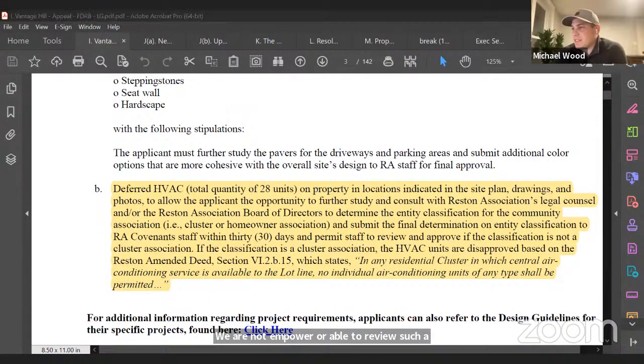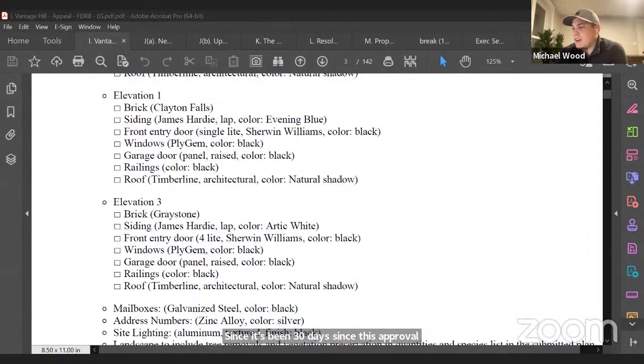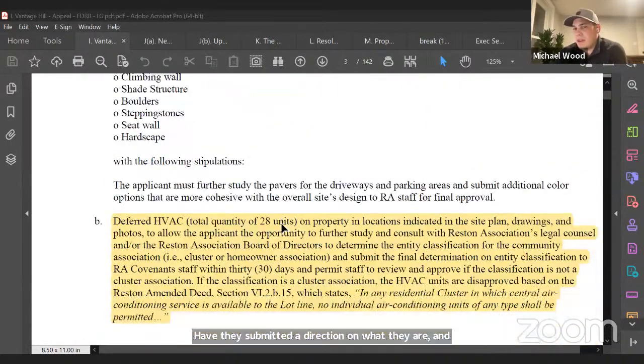Since it's been 30 days since this approval letter, have they submitted a direction on what they are going to classify as?